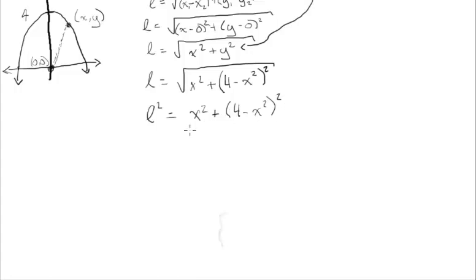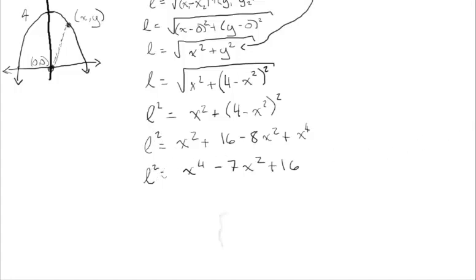To make this derivative a little easier, I will expand. So it's going to be 16 minus 8x squared plus x to the power of 4. Collecting like terms, we'll have x to the power of 4 minus 7x squared plus 16. So these L's should be squared.